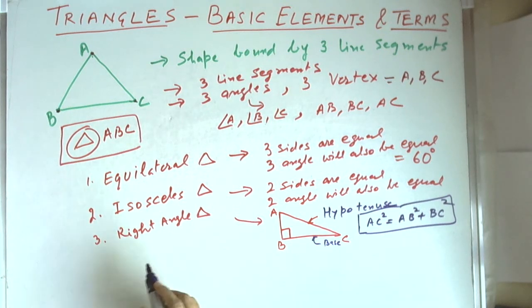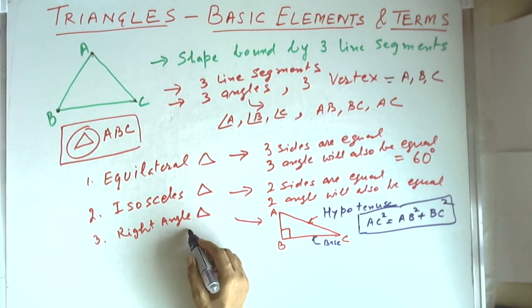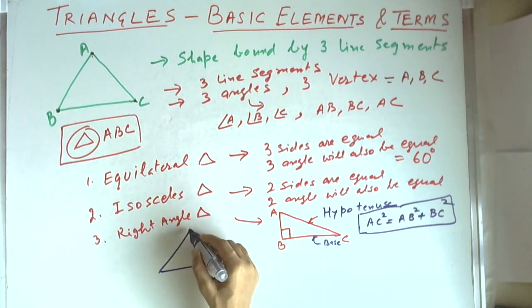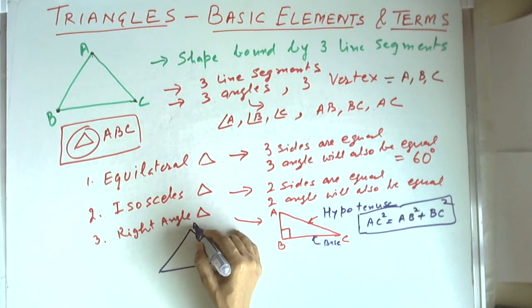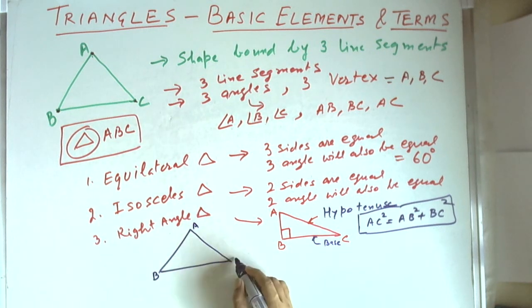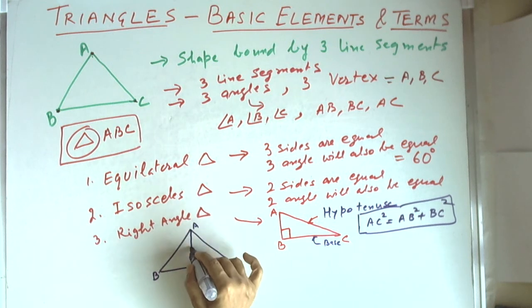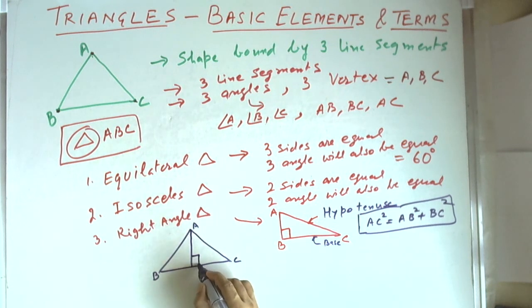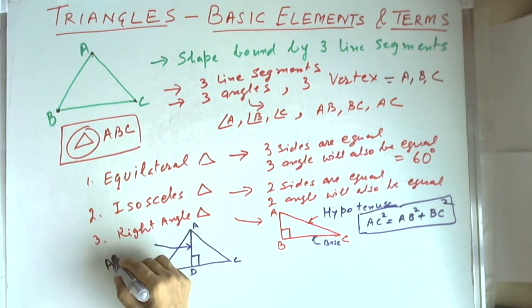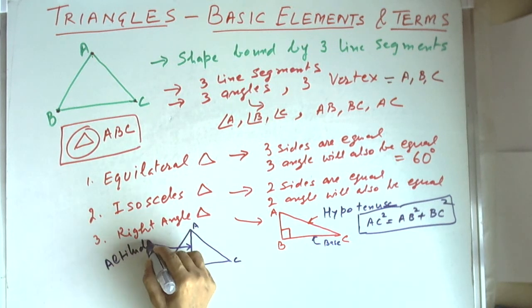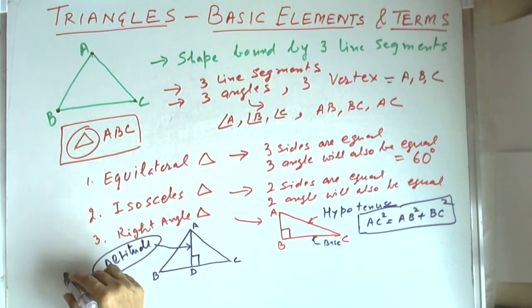Then we also know that there is something called the altitude of a triangle. So this is a triangle and this is vertex A, and if we draw a line which is perpendicular to the base, making a 90-degree angle, then this is called the altitude.